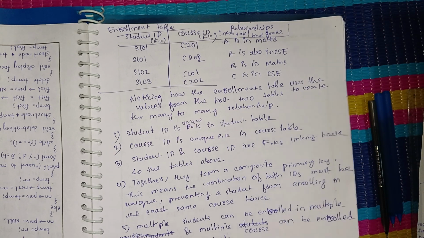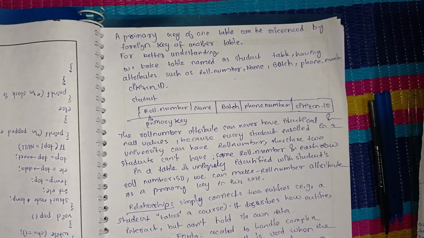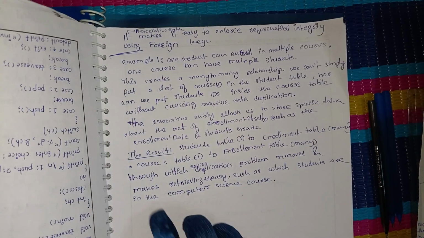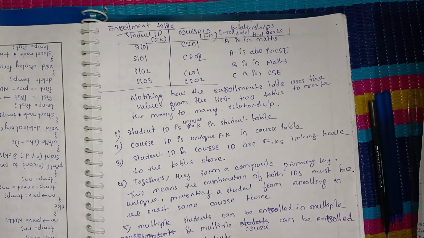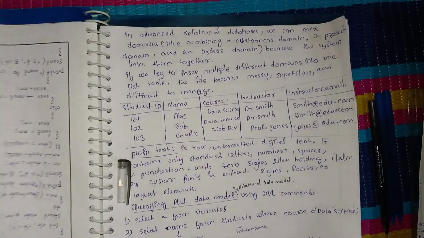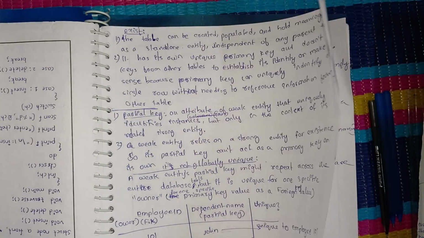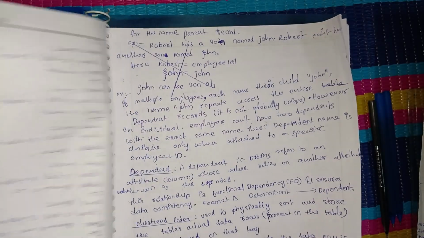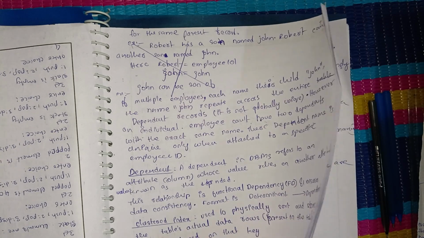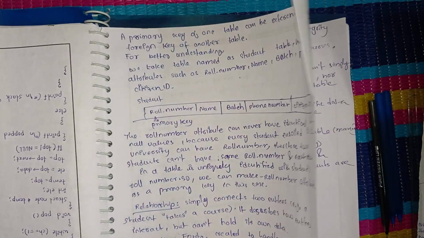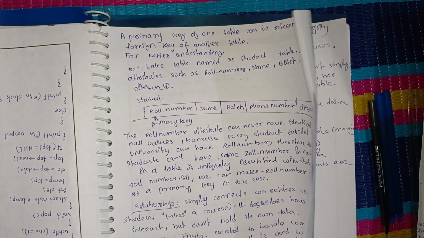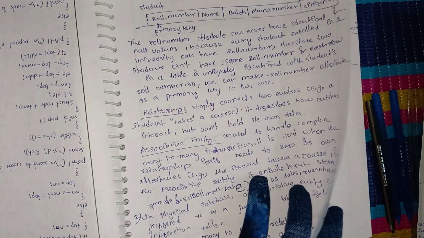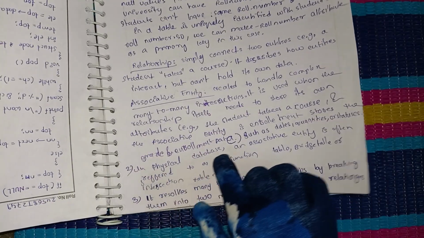And then we will see the result. Before understanding the result, we have to understand some points related to the associative entity.